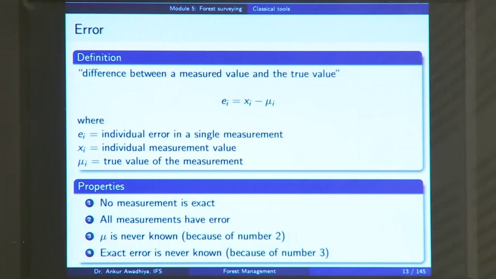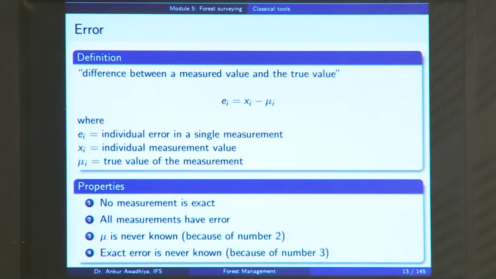Suppose we went into the field and we said that the distance of point A from our reference point is 10 meters. There can be certain errors, it could be 10.1 meters, it could be 9.9 meters, probably because our scale was not correct, or probably because we made certain errors while taking the measurement, or there were certain natural variations happening at that time. So, these errors will always be there in any measurement.